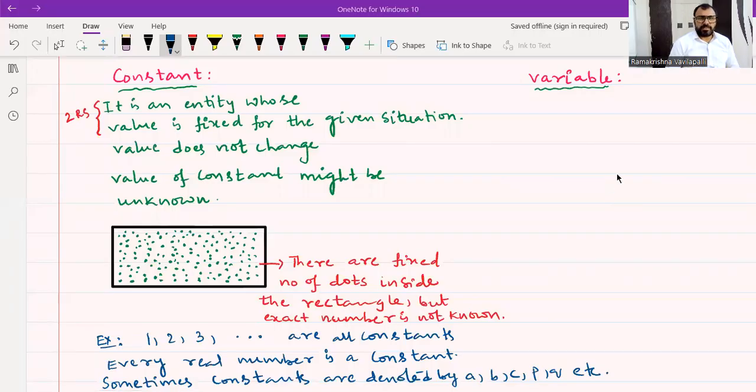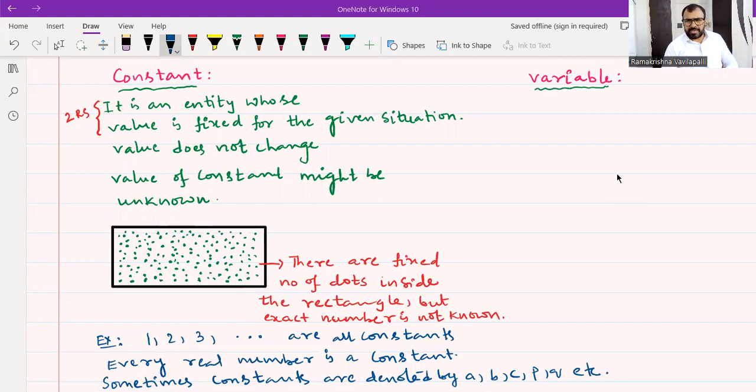So 1, 2, 3, 4, and so on are all constants. Any real number is a constant. You take any real number, root 3, root 5, root 6, these all come under constants. It means the value will not change. The value remains always the same. And sometimes constants are denoted by letters.